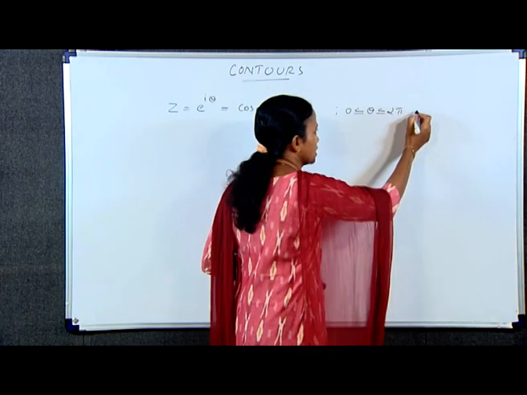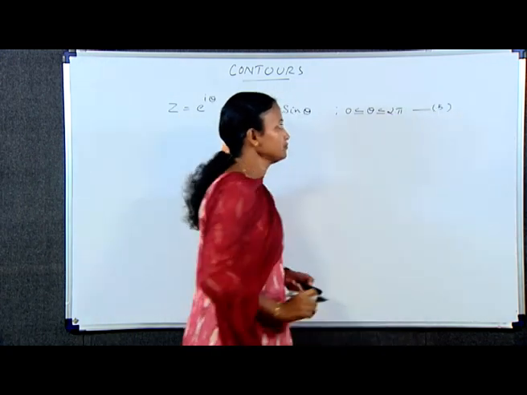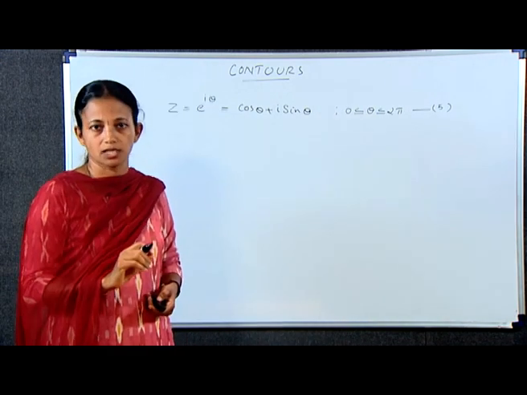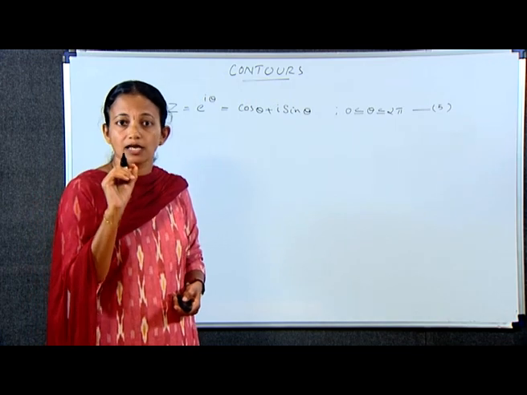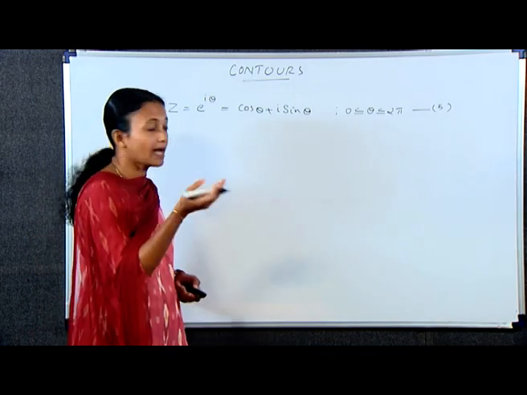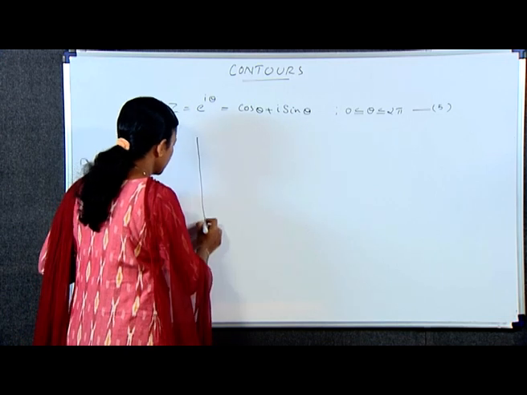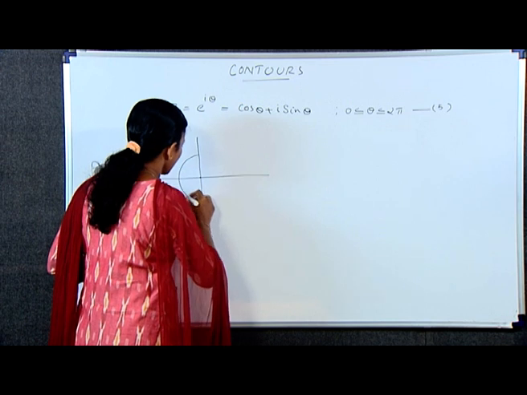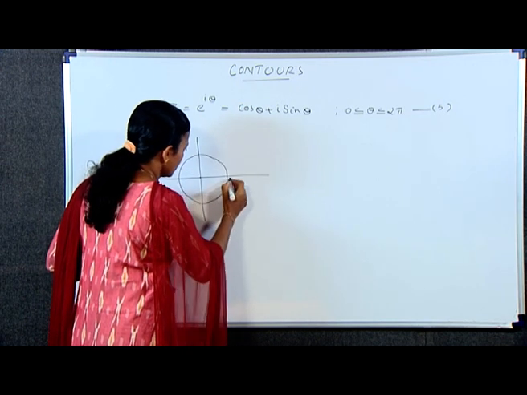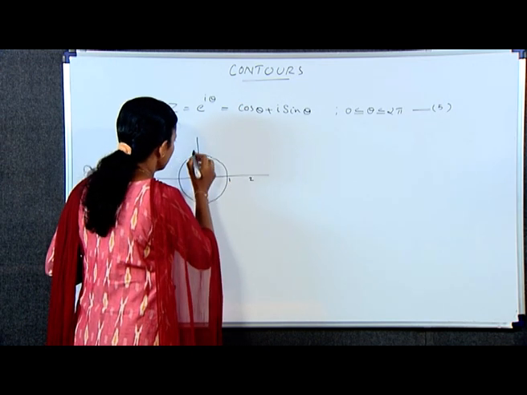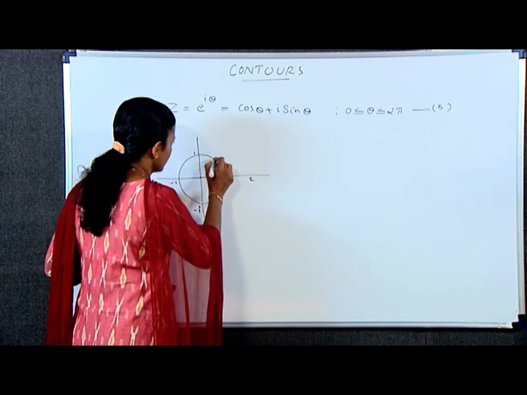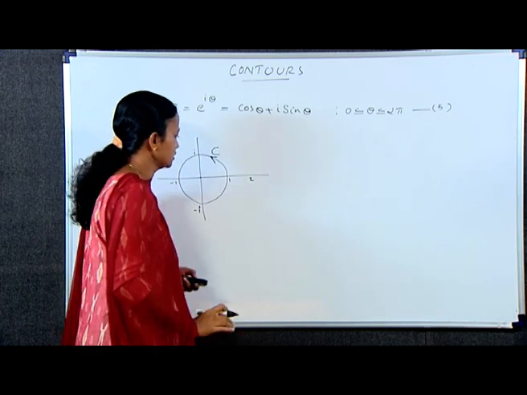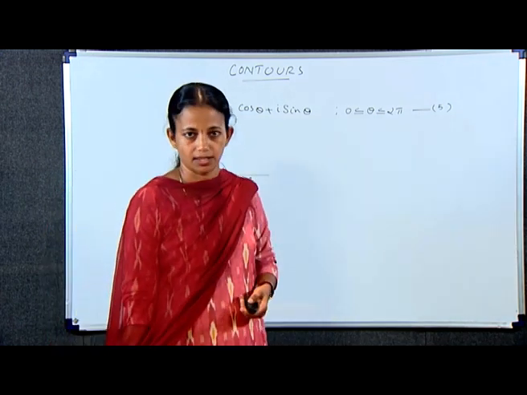Equation number 5. About the origin, it is a simple closed curve oriented in the anti-clockwise direction. This is our curve C. It is in the anti-clockwise direction.